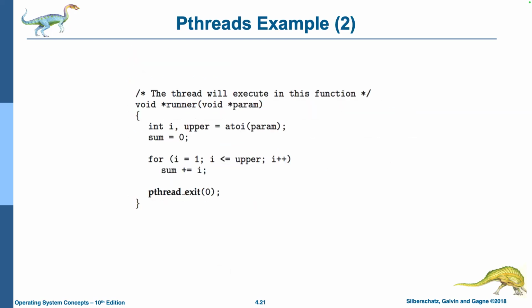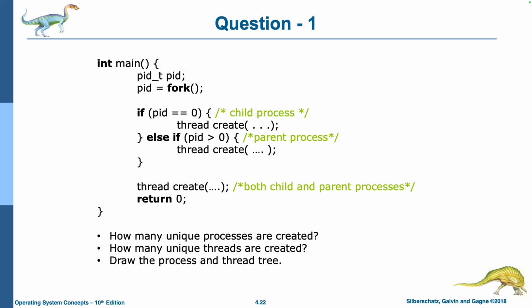In this thread, runner is a pointer to a function. So the thread will run this function, which will summarize, doing some calculations in this thread.